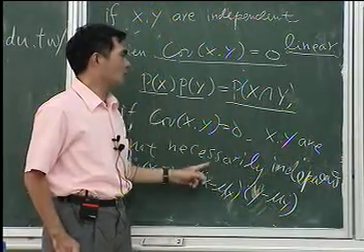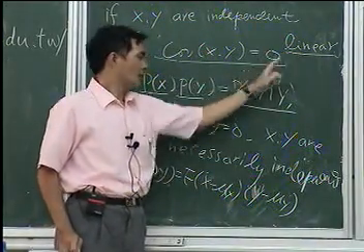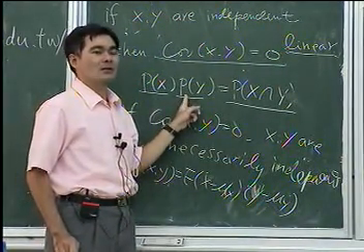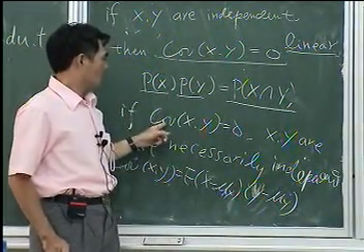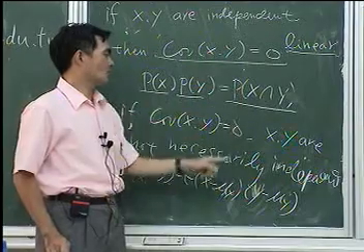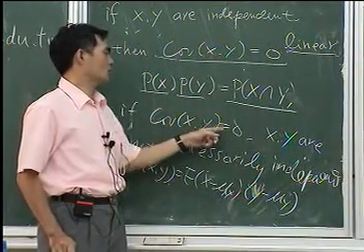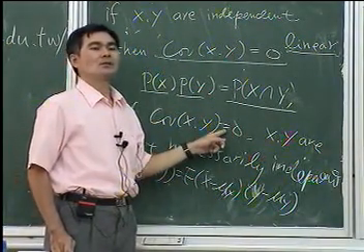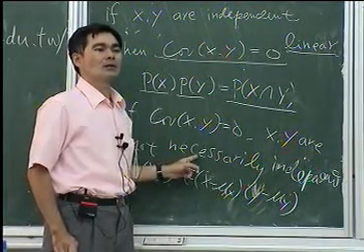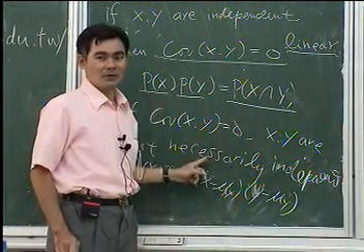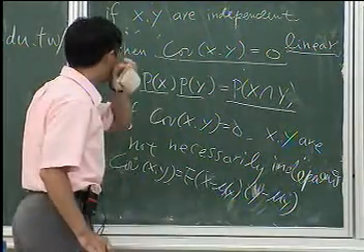Covariance only deals with linear, and independence may deal with something other than linear. So because covariance only deals with linear relationships, if it is equal to 0, you can only say X and Y are independent when the relationship is linear. So you have to remember this.